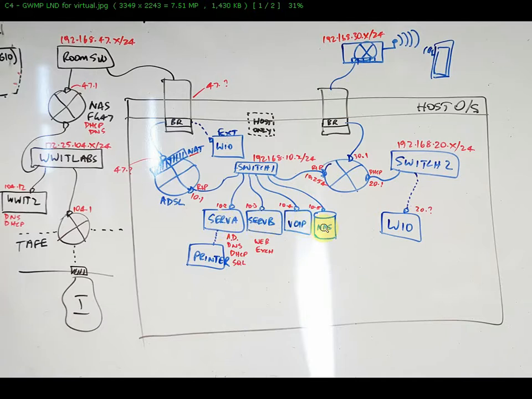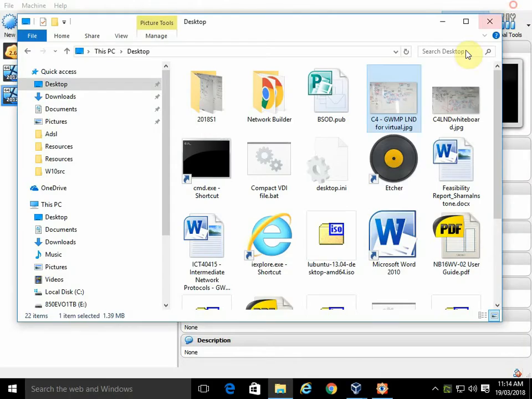So VoIP and NAS we will come back to. So what I'll do now is create this router and then the Windows 10 virtual machine. And we'll come back and do VoIP and NAS a little bit later on. Okay, so minimise that out of the road.